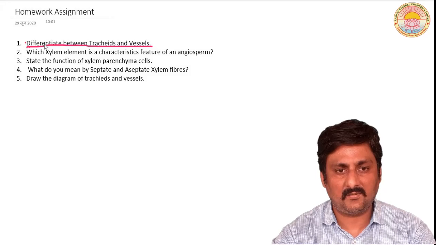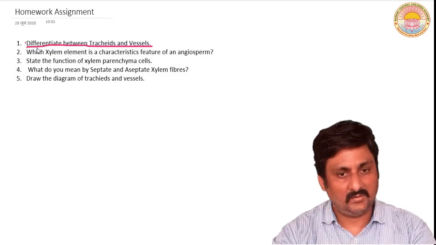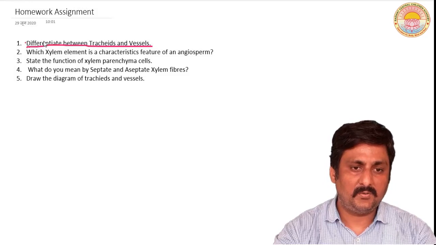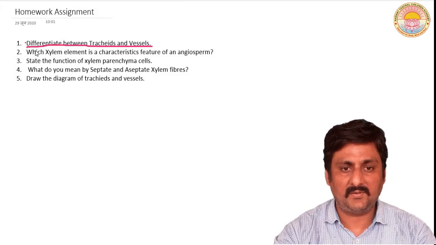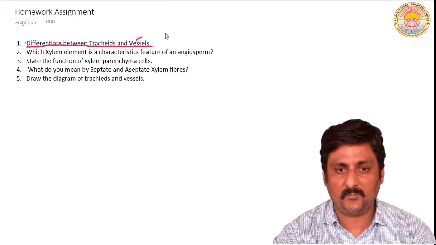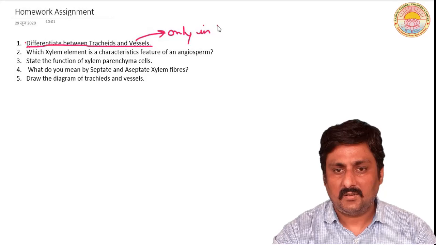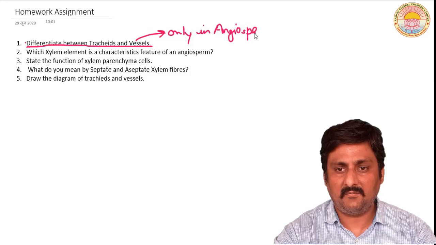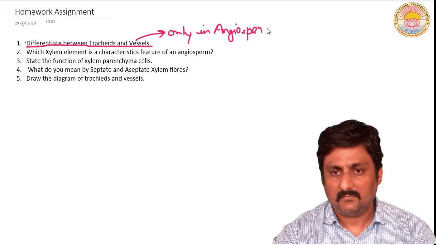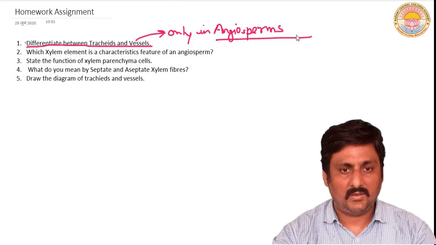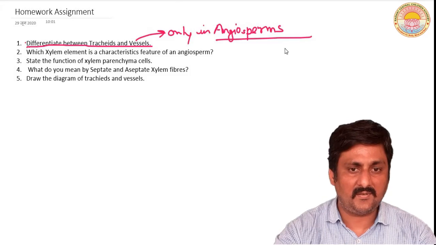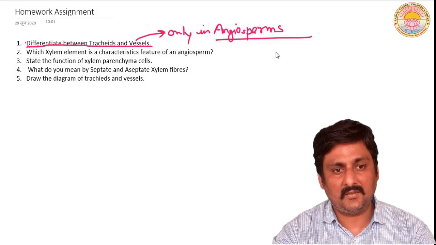So tracheids are present in gymnosperm, pteridophytes as well as angiosperm, but vessel is a characteristic feature of only angiosperms. So that is the main difference. Moreover, vessels are more efficient as compared to tracheids in delivery of water and minerals. So that is the difference.